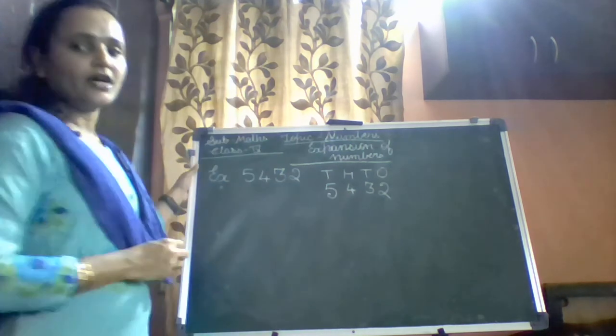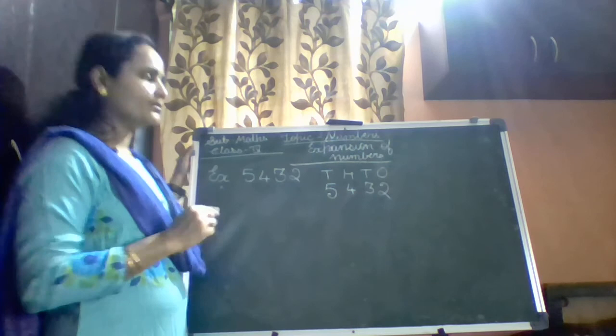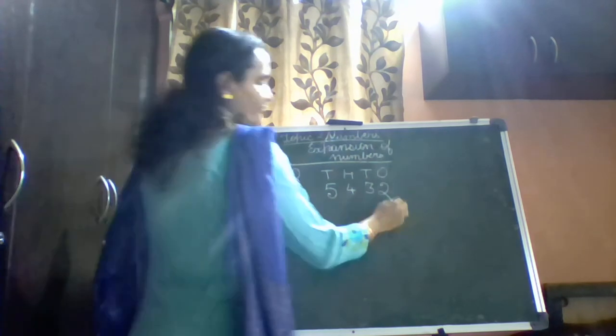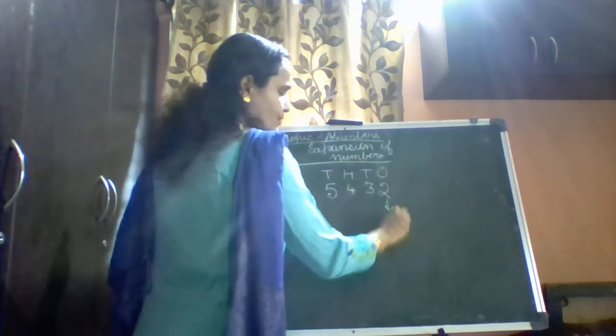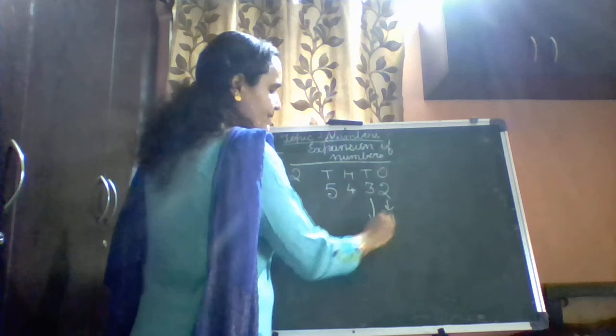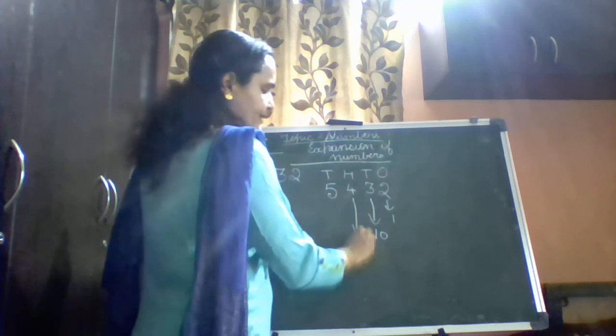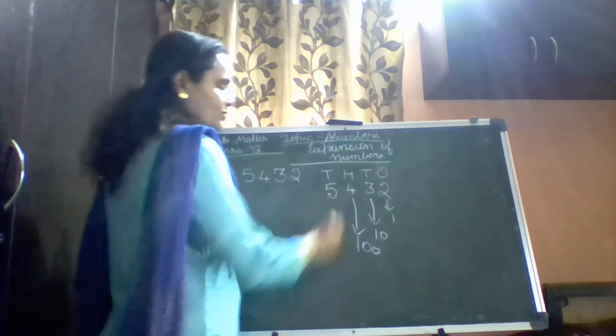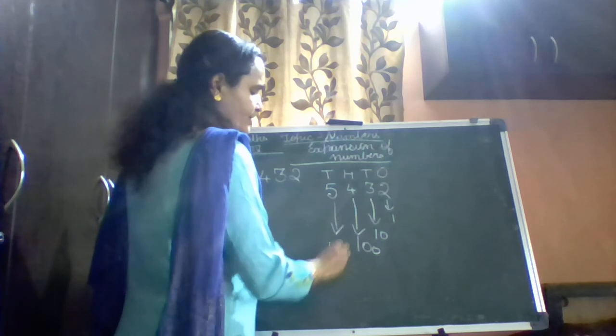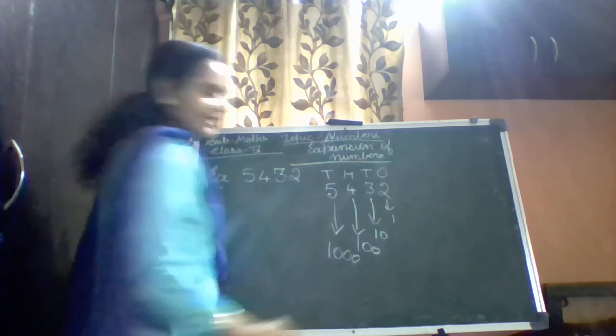The place value 1 will be only 1 digit, 10 will be 2 digits, 1 followed by 1 zero, 100 will be 3 digits, 1 followed by 2 zeros, and then 1000 will be 4 digits, 1 followed by 3 zeros.